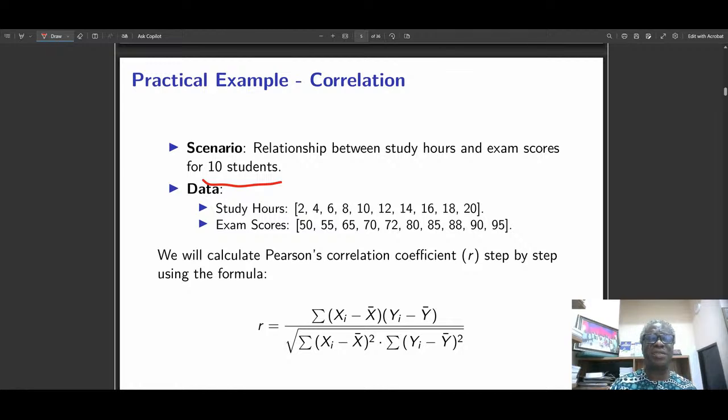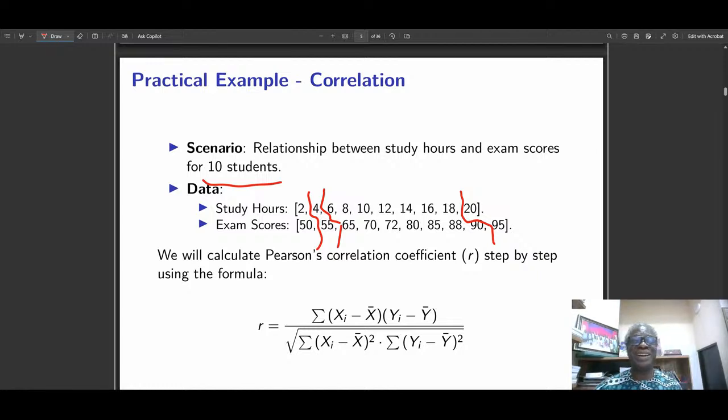The second one spent 4 hours studying and scored 55. The 10th one, I think he or she slept for just 4 hours, and then scored 95 in the exam. Maybe some of you are like that.